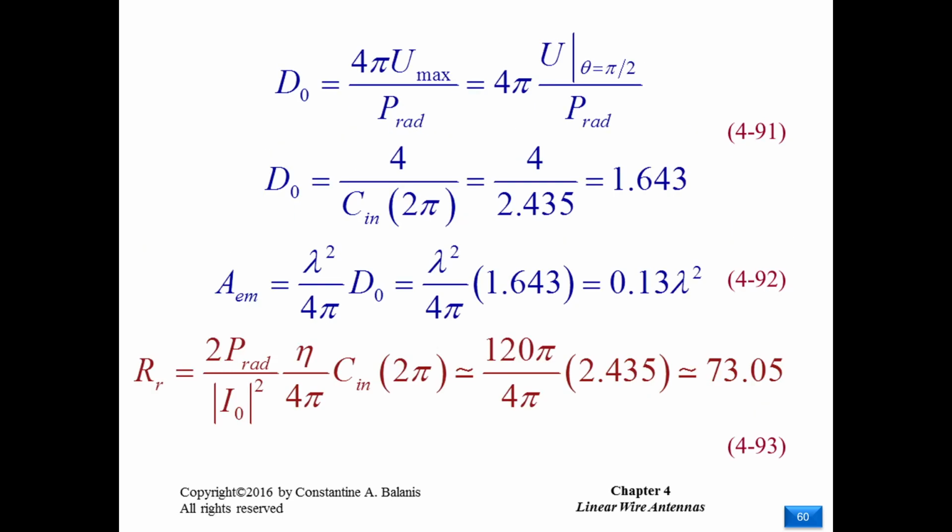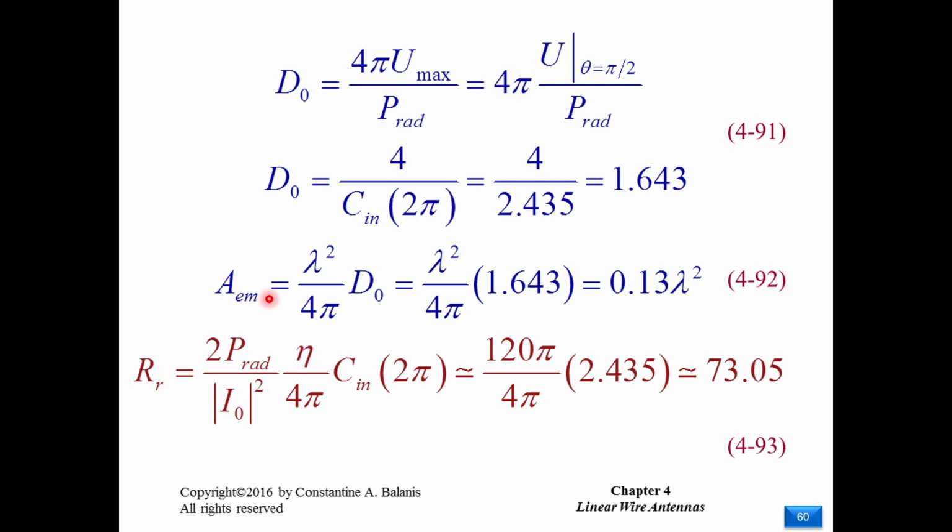Once we have the total radiated power, we can calculate the directivity, which is U maximum over the average or isotropic power intensity, which is P radiated divided by the total 3D angle 4 pi steradian. So this is D naught, and its value for the lambda by 2 antenna is 1.64.